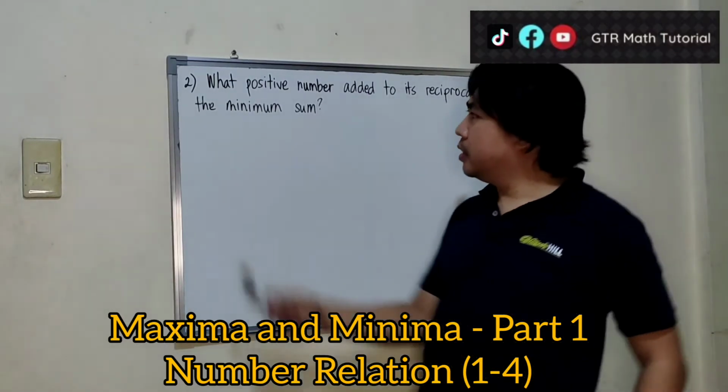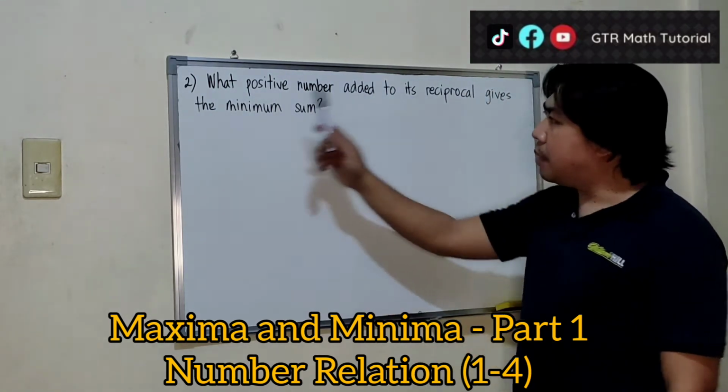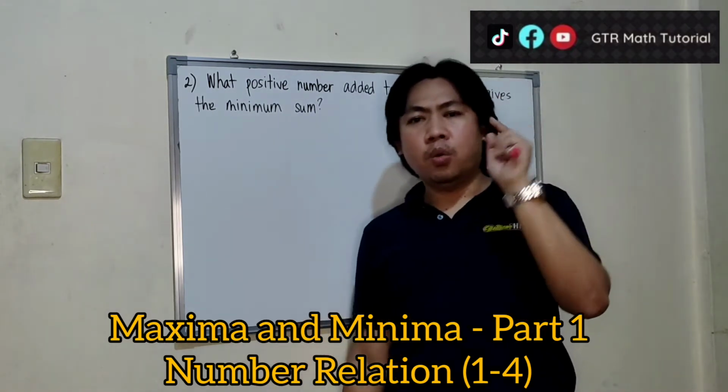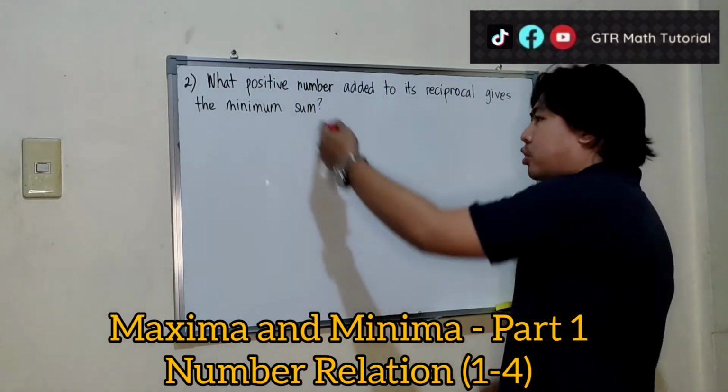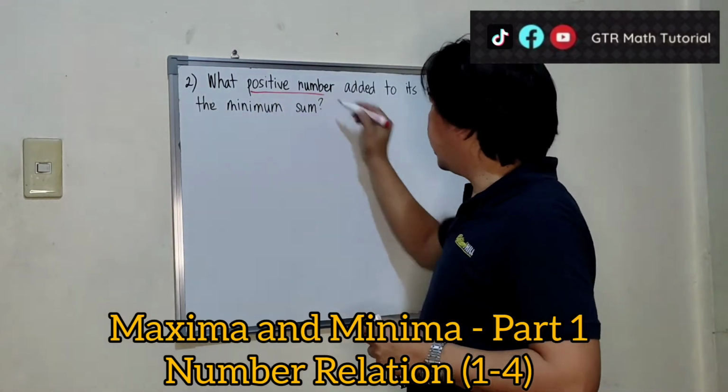Okay, number 2. What positive number added to its reciprocal gives the minimum sum? Just like number 1, we're going to have only one equation in this problem. Take note of the positive number.